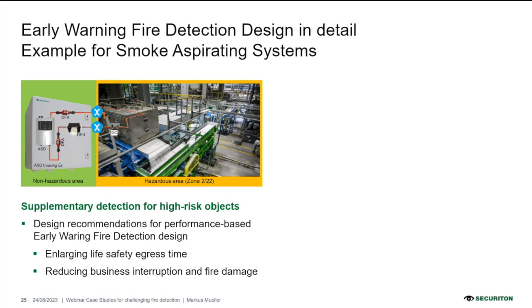So we make design recommendations for such objects, or any objects with higher risk, on a performance-based design approach, which I remind you has the benefits that it both enlarges life safety egress time and it reduces business interruption and fire damage.